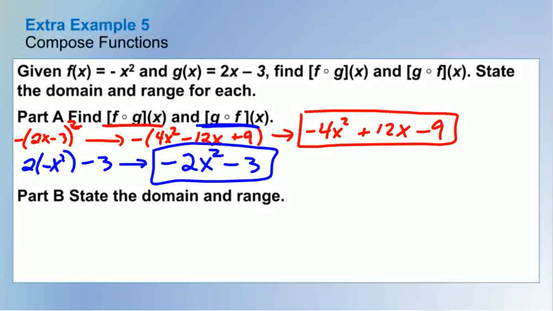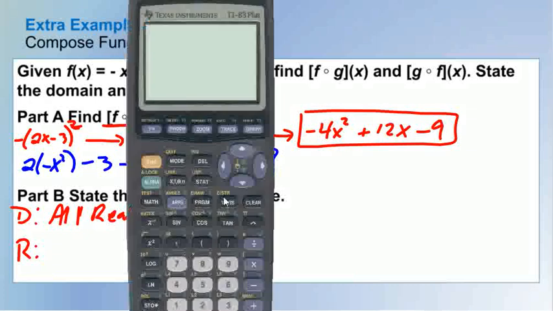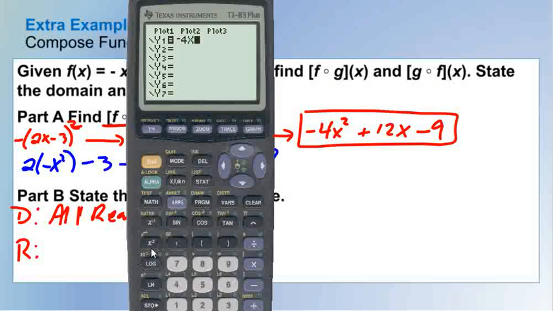Now the domain and the range for the first one, that's a quadratic. So for that one, the domain for quadratics is all real. Now for the range, if I grab my calculator here and graph this, we have negative 4x squared plus 12x minus 9.